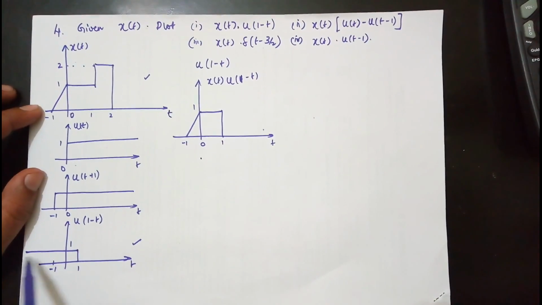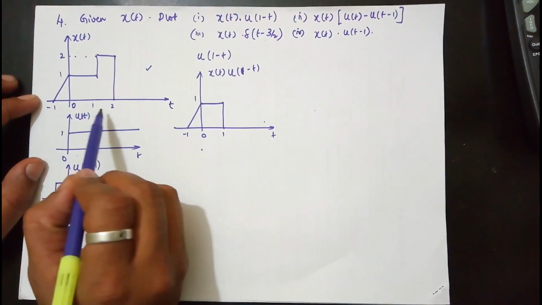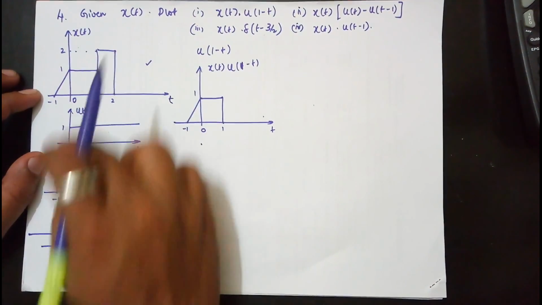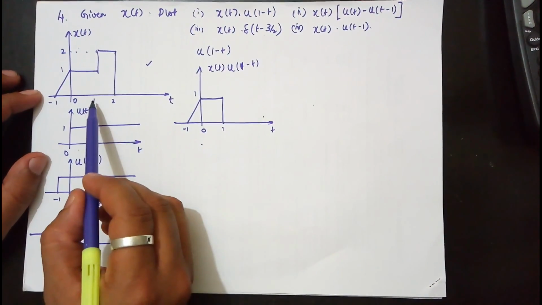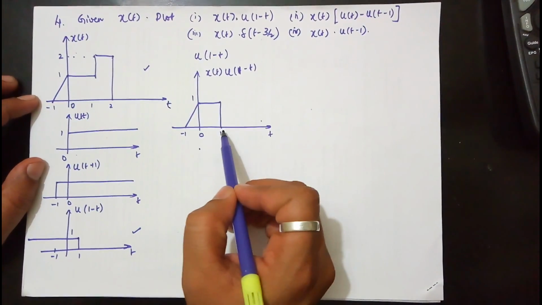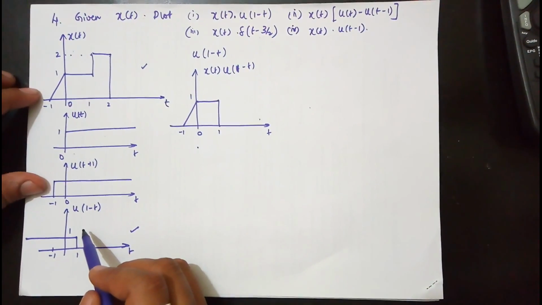So what is the overlapping space which gives you the perfect waveform? That is minus 1 to 1. So whatever is the waveform between minus 1 to 1, that will be reproduced here when you multiply x of t by u of 1 minus t.